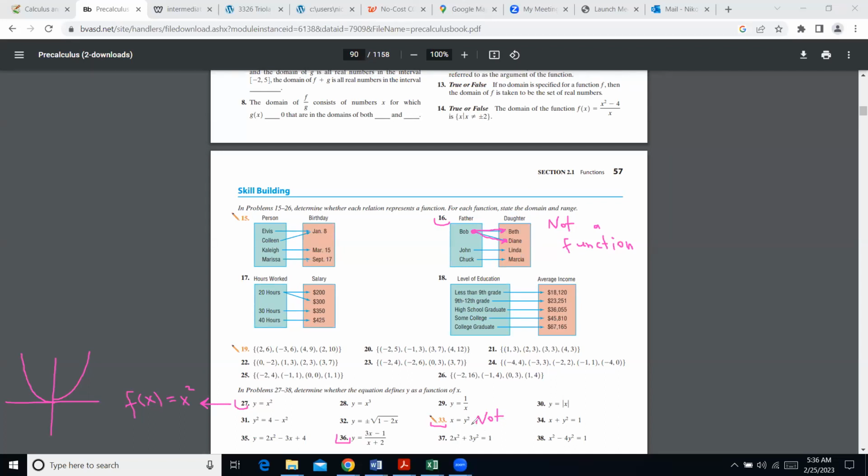And the reason is that you have a y squared on one side. If you try to graph that equation, which is not y is equal to x squared, but x is equal to y squared, then it's going to also be a parabola, but now it's going to go along the x-axis.